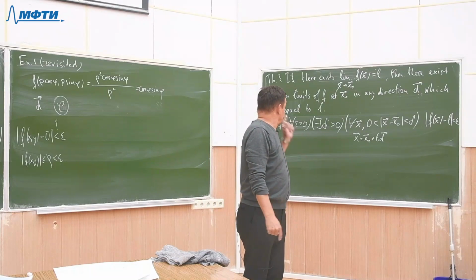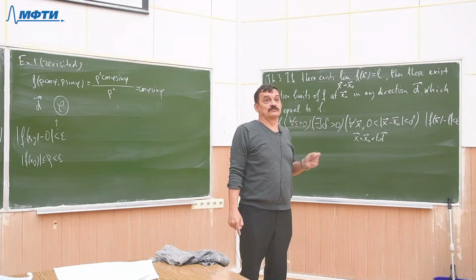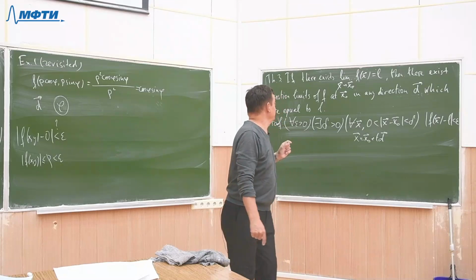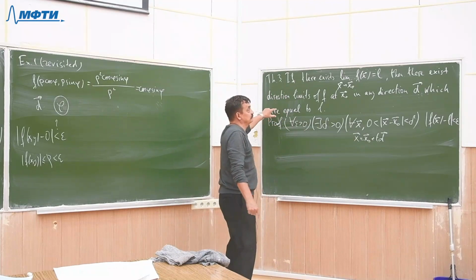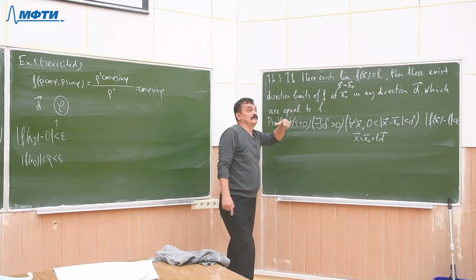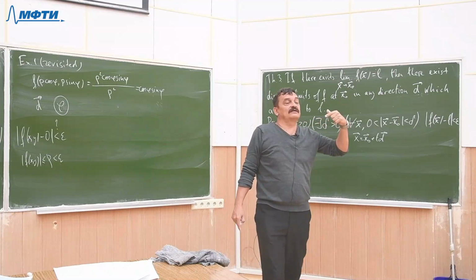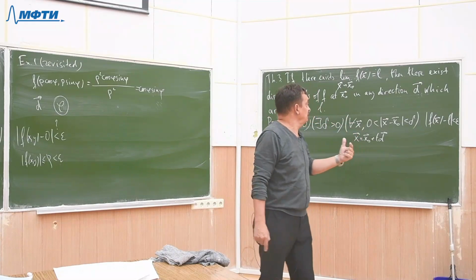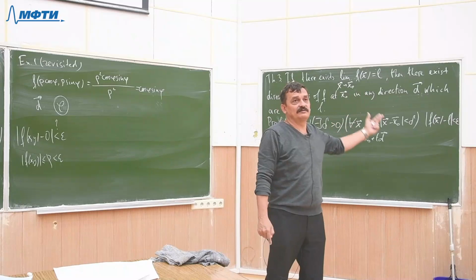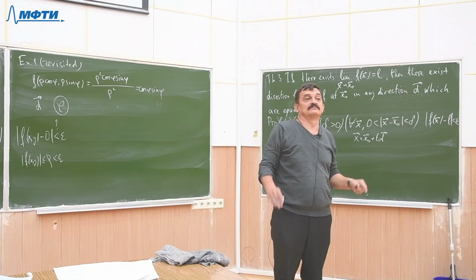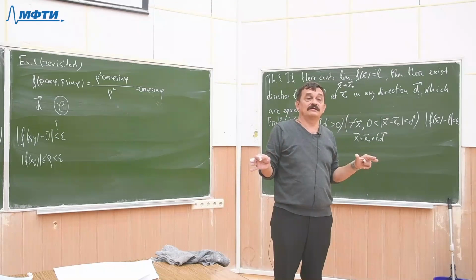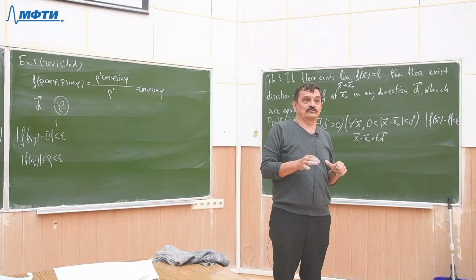But look, the converse is not true. What does converse mean? You can get the impression that if all direction limits are the same, then you have a limit. That is not true.